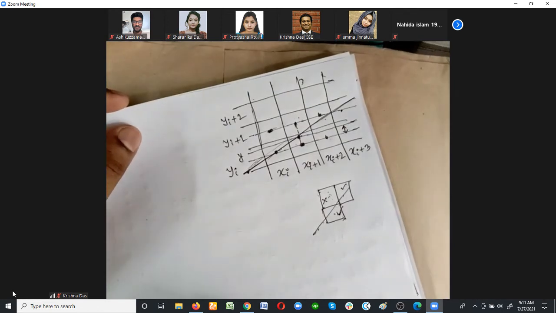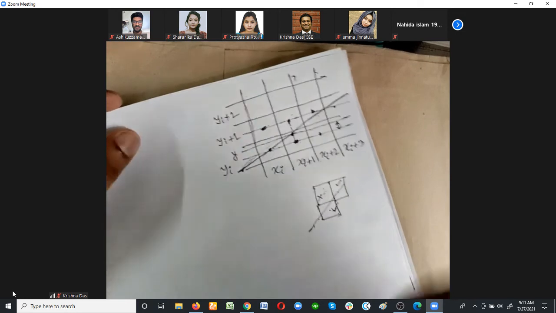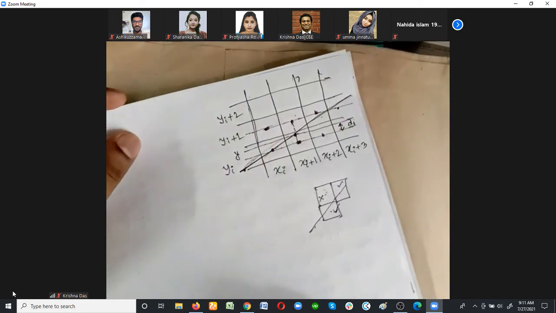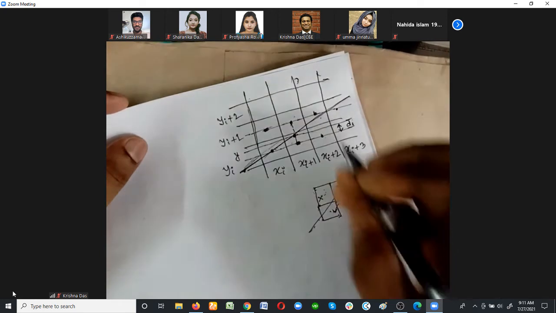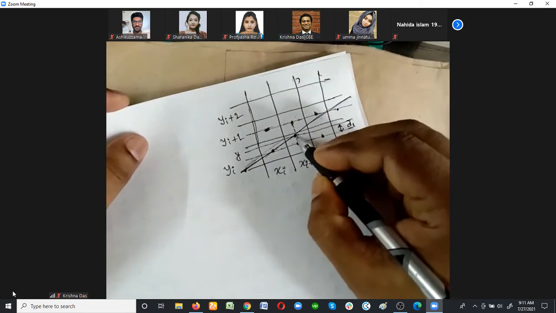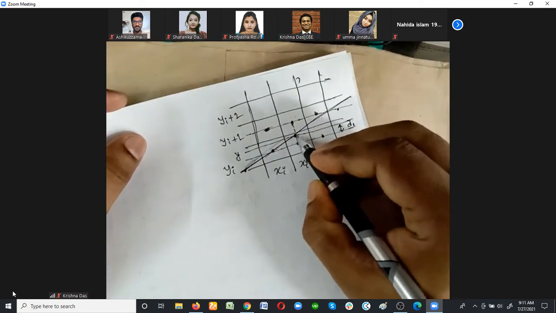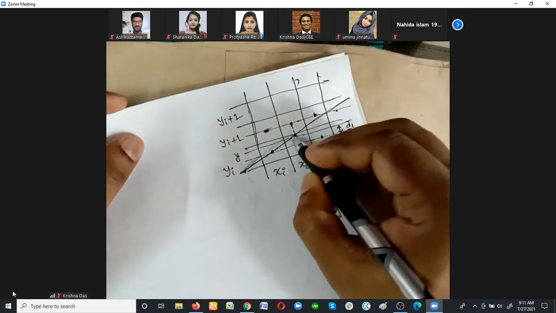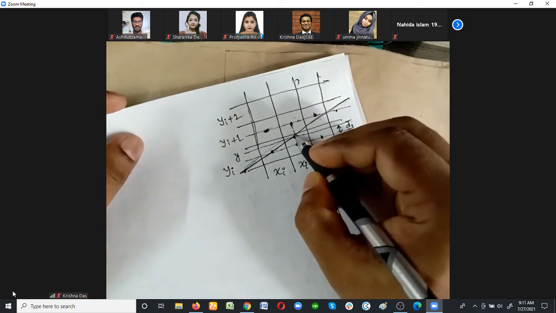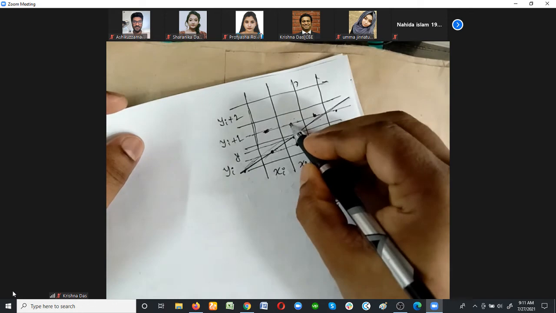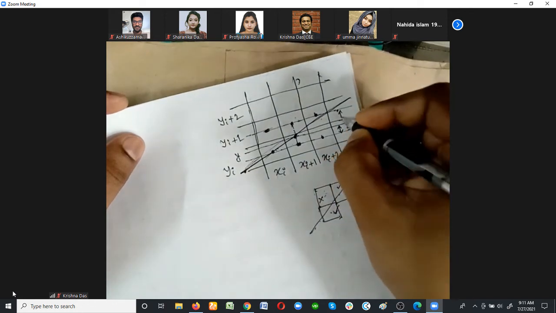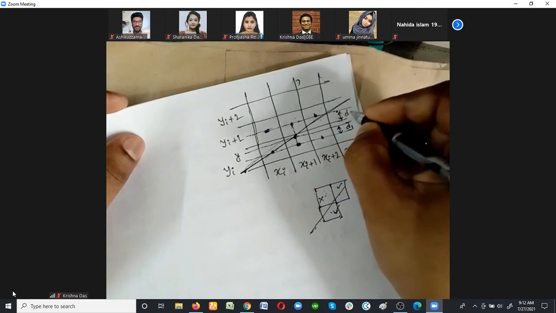We give it a name, d1, the distance 1. And from that point, we are calling it y, the line has gone a little bit up. From that point to this pixel, the distance is this one, we call it d2.